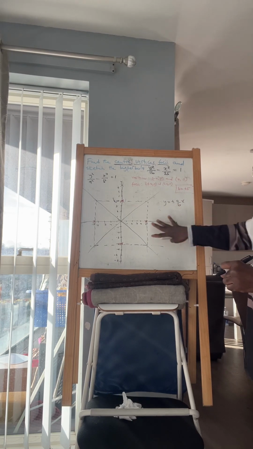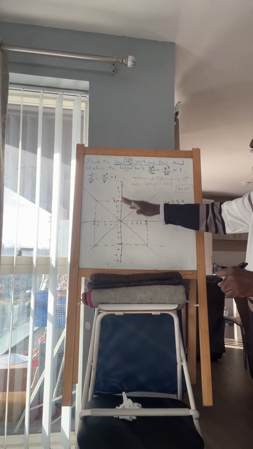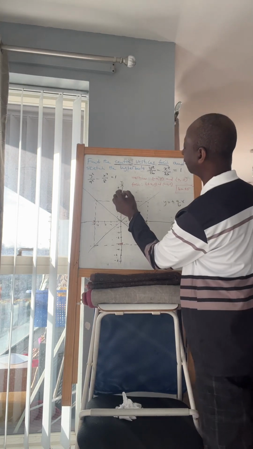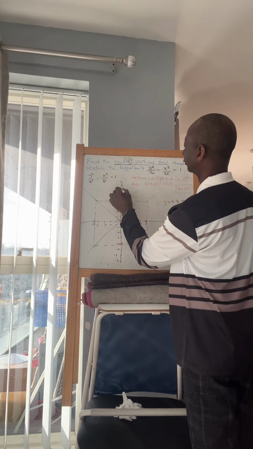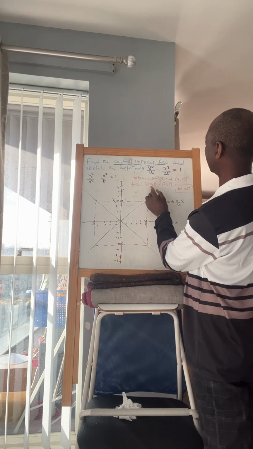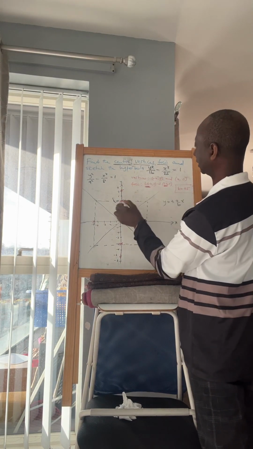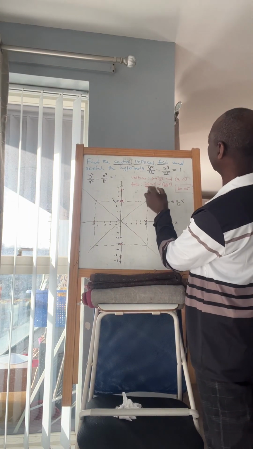If it was on the x-axis, it's going to be b over a. But now it's a over b. So our foci, one is here, 6.4, another one is here, minus 6.4. And the vertices are minus 4 and plus 4.